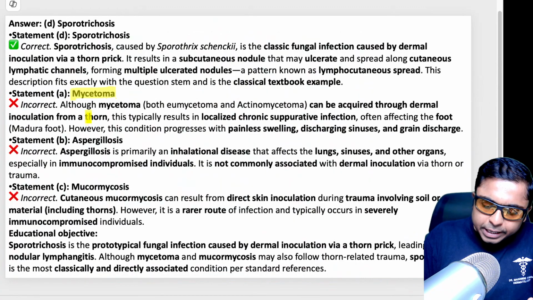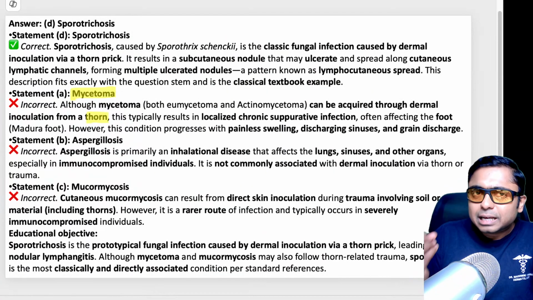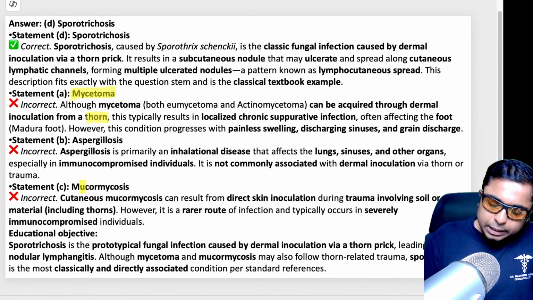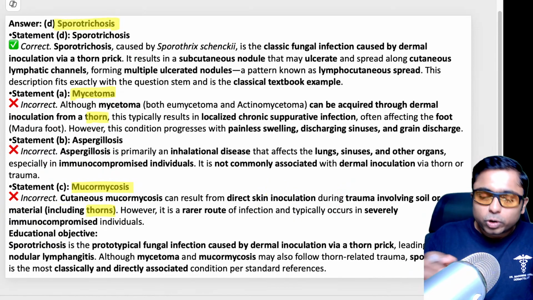This can also be transmitted through the thorn, but this is a rare way of transmission. And also the mucormycosis can also get transmitted through the direct inoculation through the thorns, but this is also rare. So that is the reason why we are going to select sporotrichosis here.